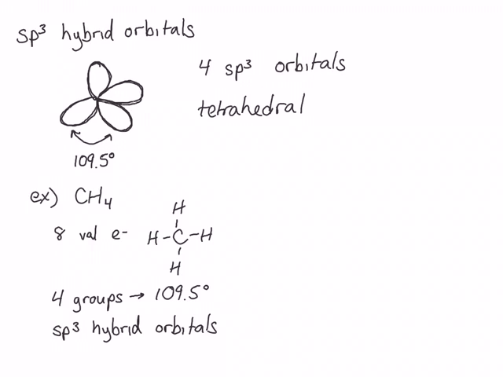And what this molecule is going to look like in 3-dimensional space is, again, we're going to start with that carbon atom in the middle. It's going to have the 4 sp3 hybridized orbitals, 2 in the plane of the paper, 1 going back into the plane of the paper, 1 coming out at us out of the plane of the paper. These are all going to be the sp3 orbitals. There are 4 of them.